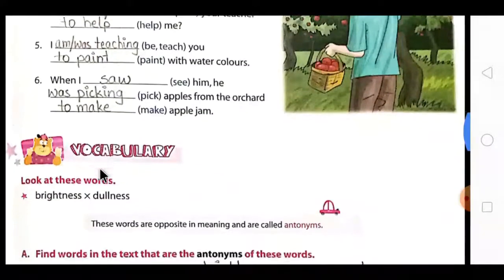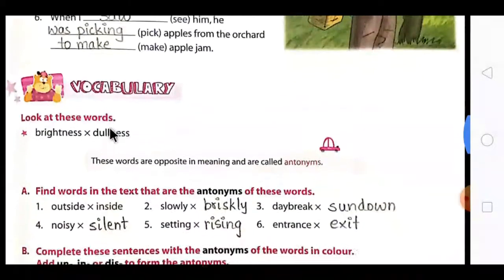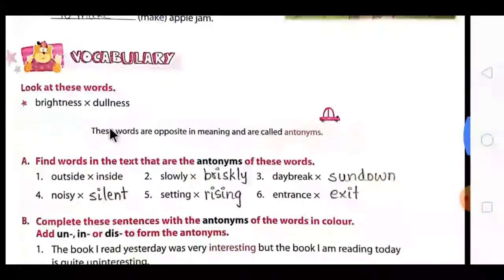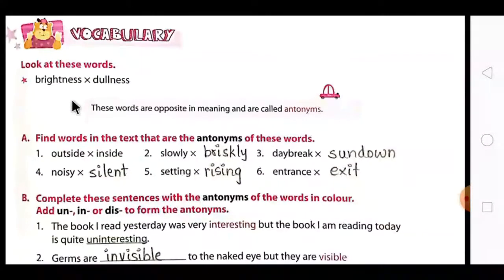Then we'll move on to our next part, that is vocabulary. Now in this, first the explanation is given. In this vocabulary, the topic is about antonyms. What do you mean by antonyms? Antonyms means, you all know dear children, that they are opposite words. Now the first example is given over here. Brightness.